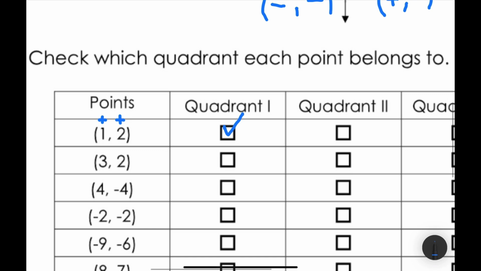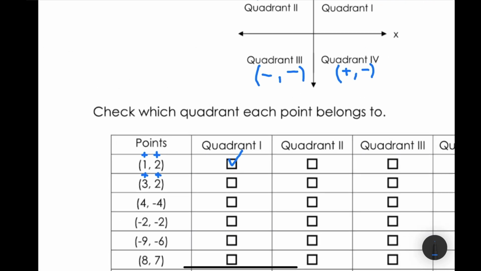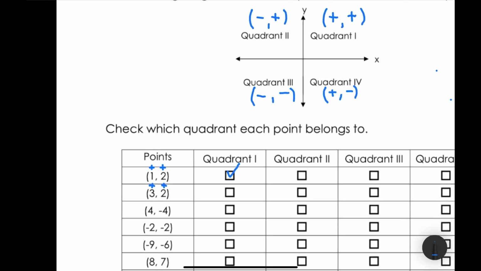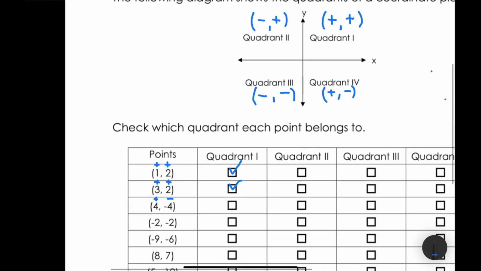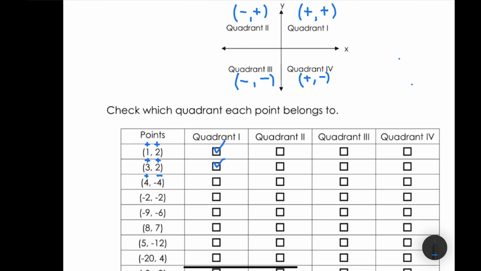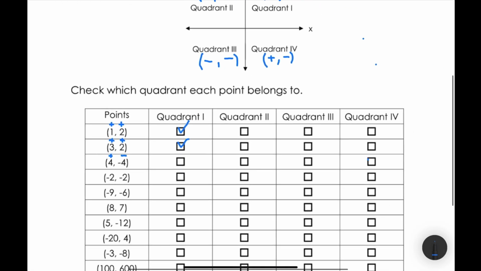The next one, it's also positive and positive. Back to our graph, that would be quadrant 1. And finally, this third point is positive and negative. That is quadrant 4. So I will check off quadrant 4.